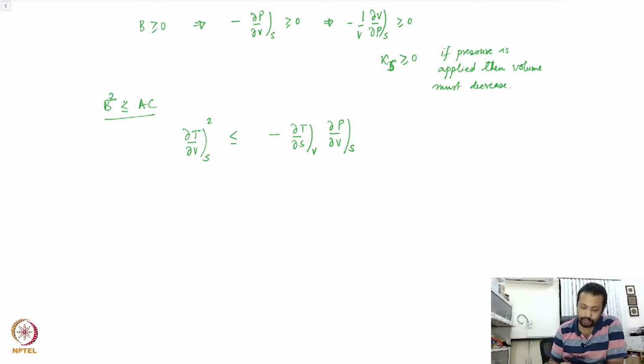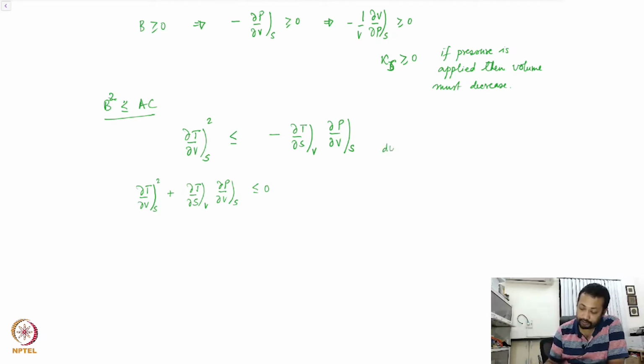So now what I can do is write this as (∂T/∂V at constant entropy) squared, plus ∂T/∂S at constant volume times ∂P/∂V at constant entropy, must be less than or equal to 0. So now there is a very clever manipulation.